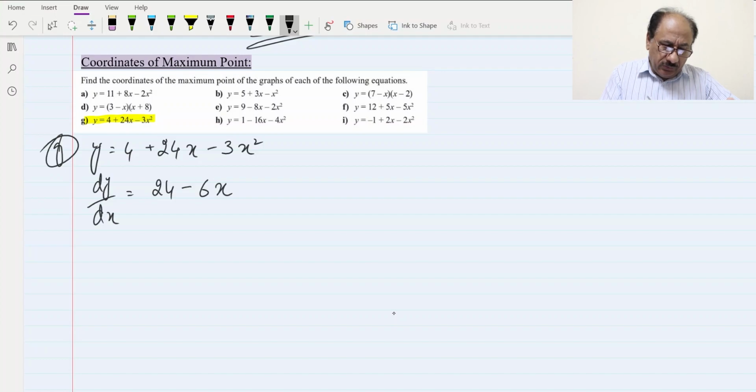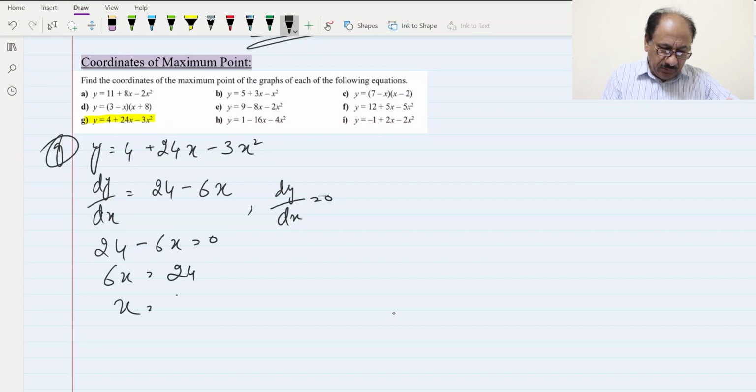Now we have to put dy over dx equal to 0. So this implies 24 minus 6x is equal to 0. So 6x is equal to 24, and x will be equal to 24 over 6, which is equal to 4.